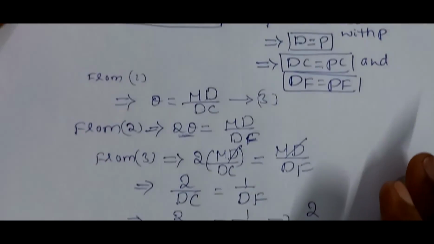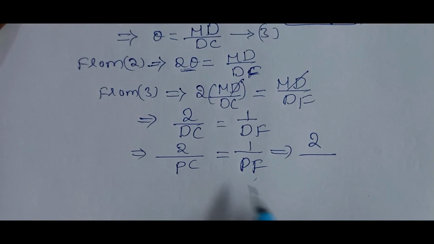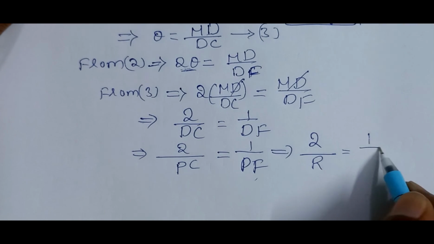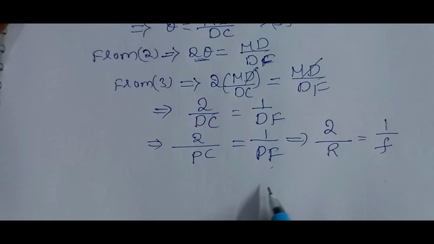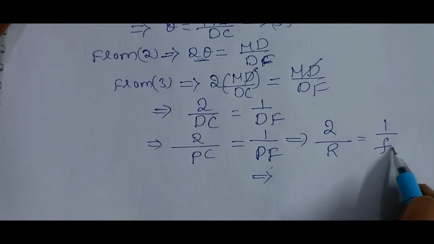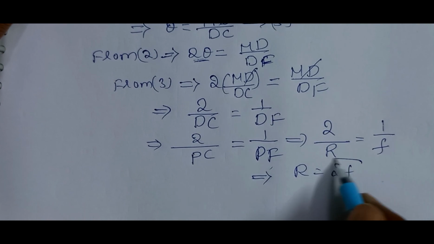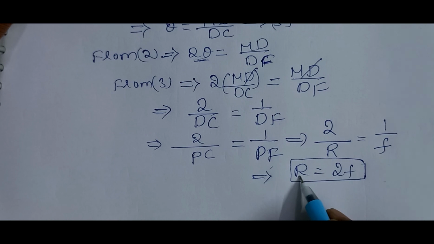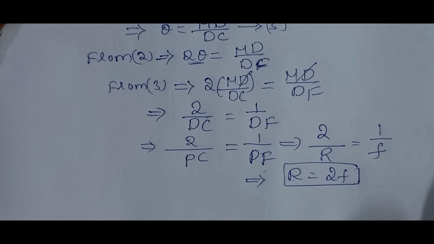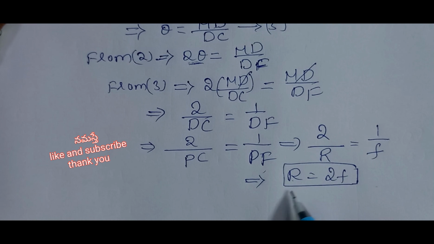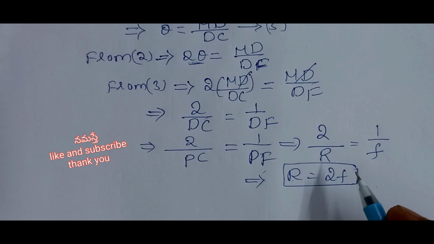So 2 by PC means radius R, and 1 by PF means focal length. By cross multiplication, R equals 2f. So the radius of curvature of a concave mirror is 2 times the focal length, and the focal length equals half of the radius of curvature of the concave mirror. Most important for 4 marks.